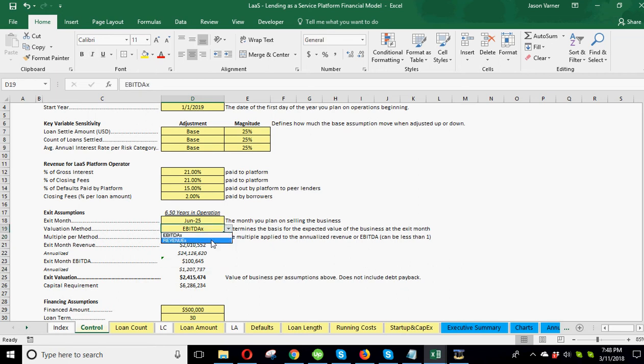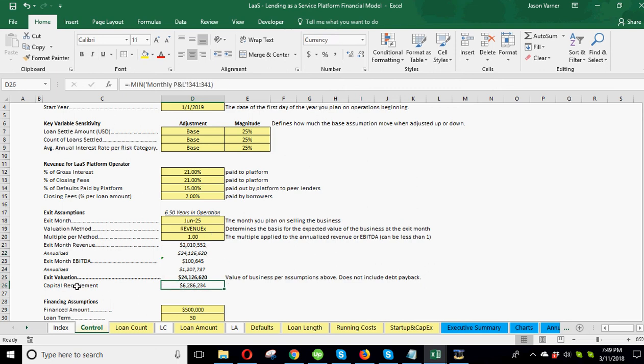Normally this is probably going to be on a revenue basis, and I don't know what the multiples are for lending platforms right now, but you can enter that and it'll give you your exit value.